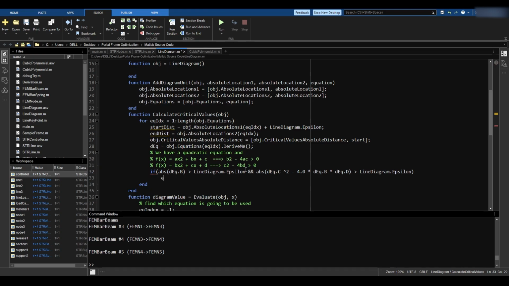Yeah. Now, if that's the case, we have a quadratic equation that has roots. Okay? Because remember, we need to find the roots of the derivative to find the maximum of the equation.